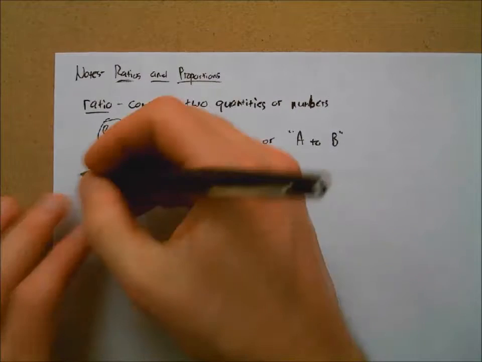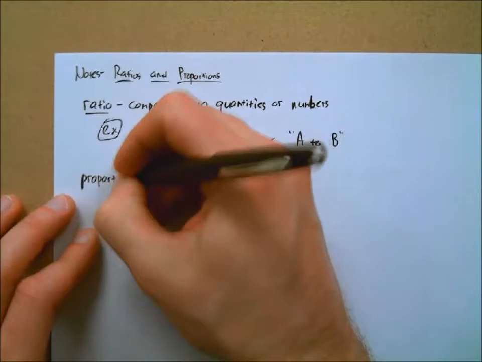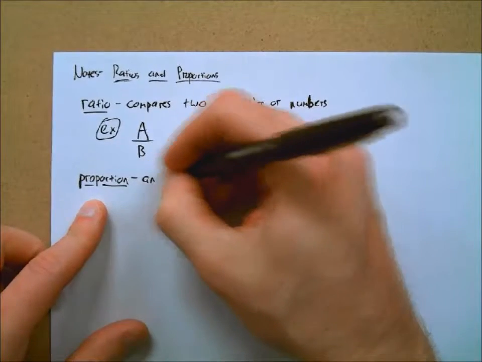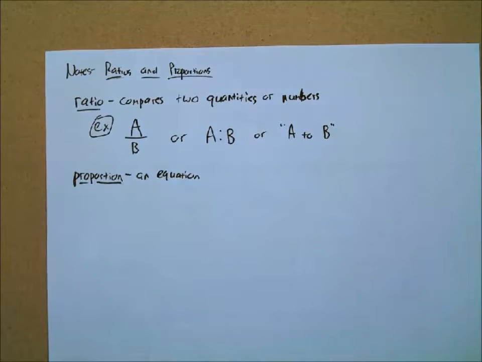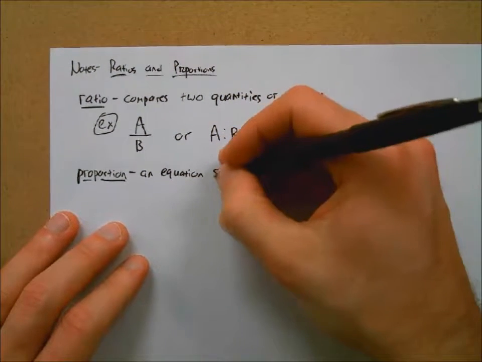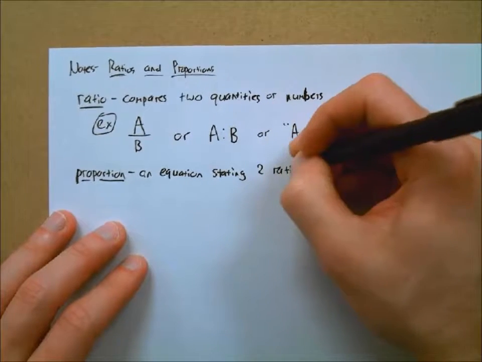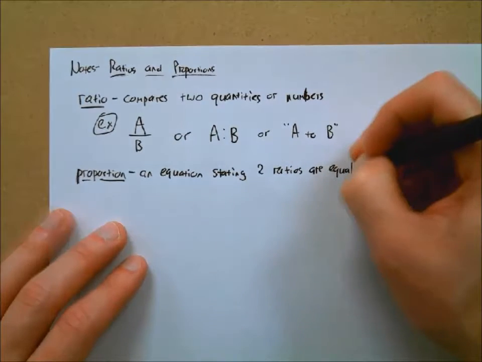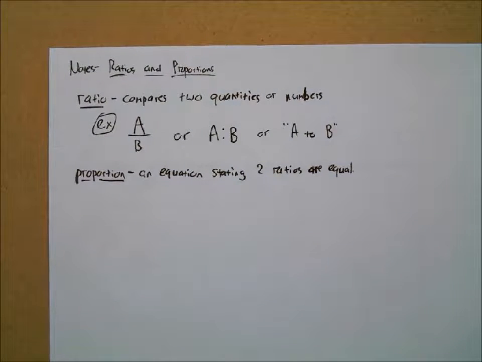Okay. A proportion, which normally we talk about ratios and proportions in the same breath, but they are not the same thing. They are related. A proportion is an equation stating two ratios are equal.